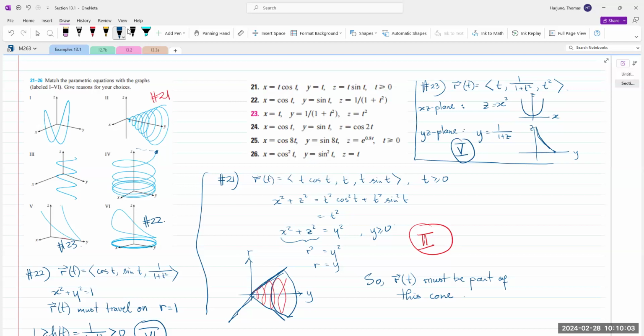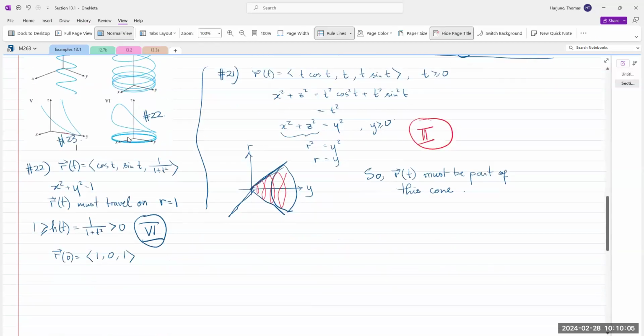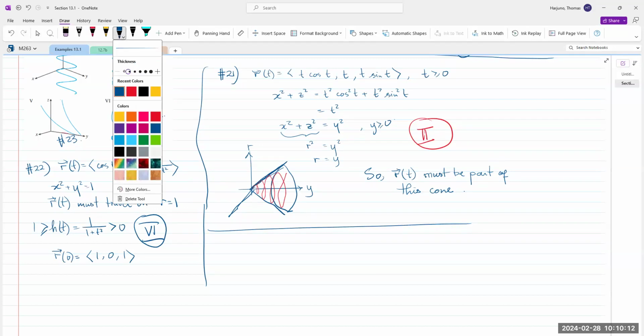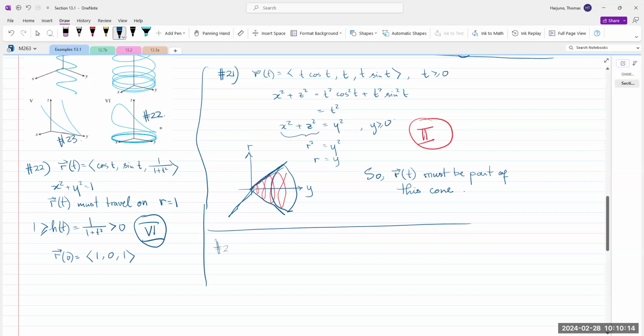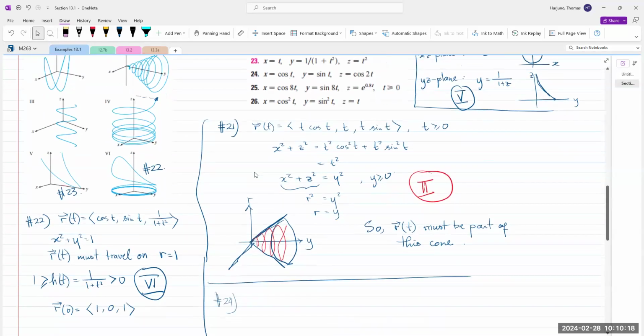Okay, let's go on. Number 24, what's the equation? Cosine t, sine t, cosine 2t. So r(t) is cosine t, sine t, cosine 2t.